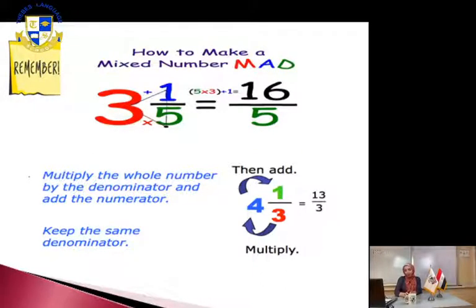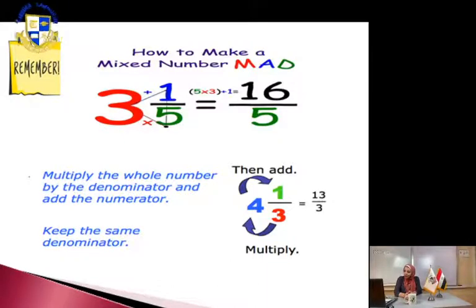How can we do it? First, multiply the whole number by the denominator, then add the numerator, like that. 3 times 5 equals 15. 15 plus 1 will be 16. It will be 16/5.